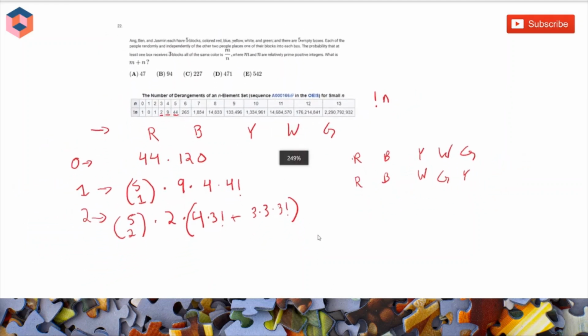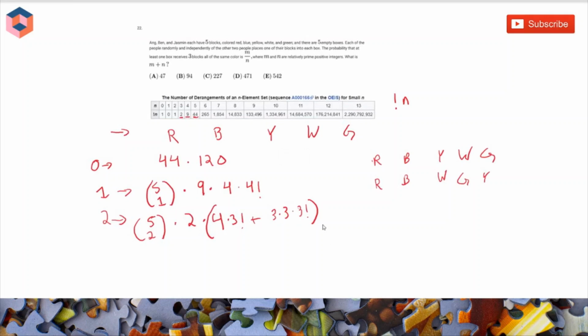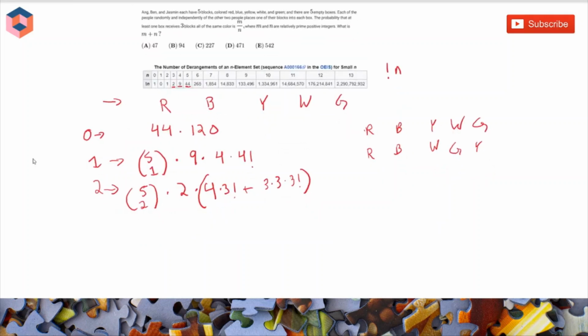Okay. Let's look at the case where there's 3 colors in common. If 3 colors are in common, then we have 5 choose 3 ways of picking the 3 colors that will be common. Now we proceed once again with assuming one case that's true.